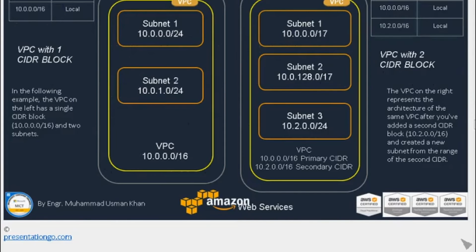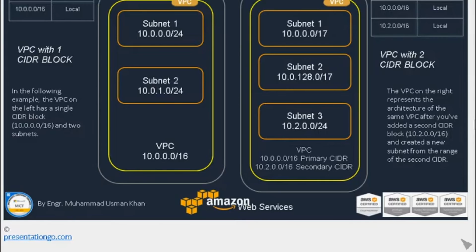Okay, let's discuss another scenario. We have two AWS accounts, or the same account but two different VPCs. You can consider any of them. So we have VPC 1 with one CIDR block and VPC 2 with another CIDR block.